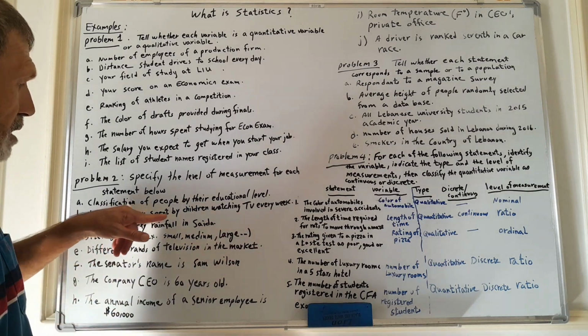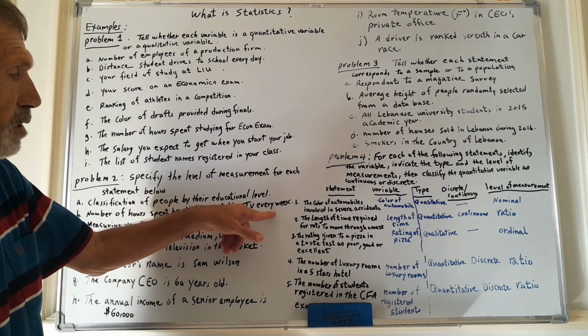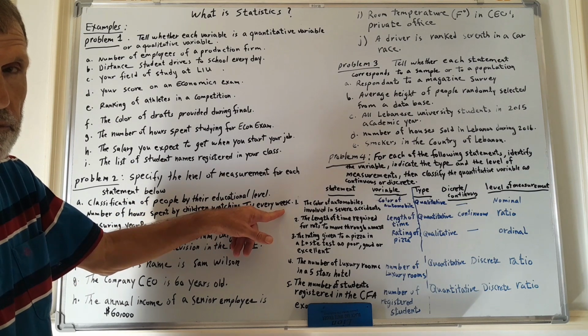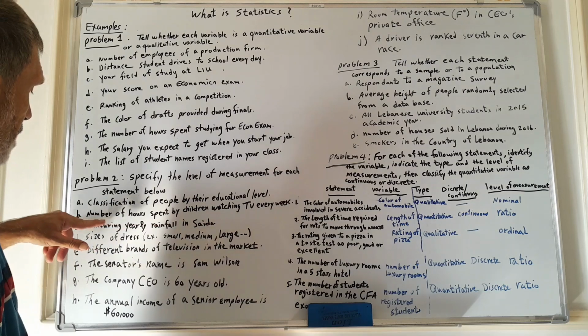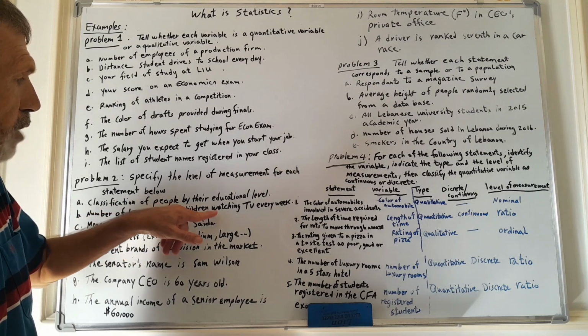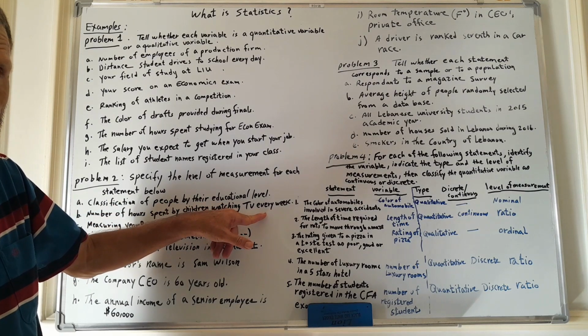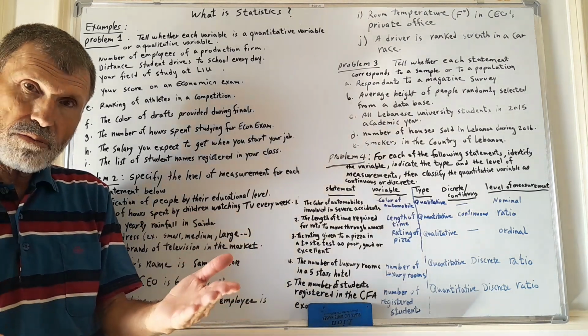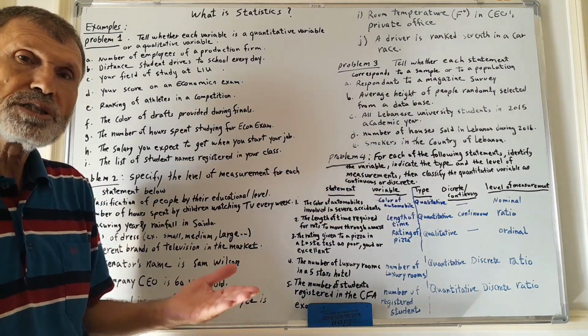Number of hours spent by children watching TV every week in town 1, let's say 10 hours. Number of hours spent by children watching TV every week in town 2, 20 hours. Can we talk about ratio? Yes, the ratio is meaningful.